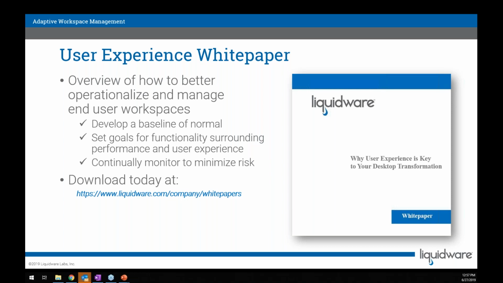All right. Someone asked, could you compare the value proposition between Liquidware and VMware Workspace ONE? How are you different, or how do you both augment each other? Good question.